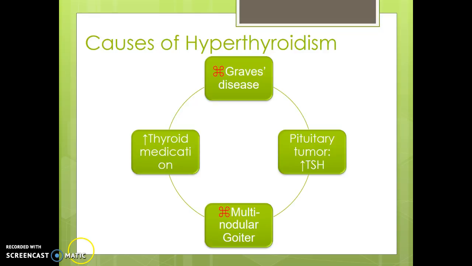And you can also have a patient who maybe has been hypothyroid and is on thyroid medications and somehow forgot how many meds they'd taken or when they took it last, and they doubled up or tripled up and took too much, and now they have hyperthyroidism because of essentially an overdose of their medication.